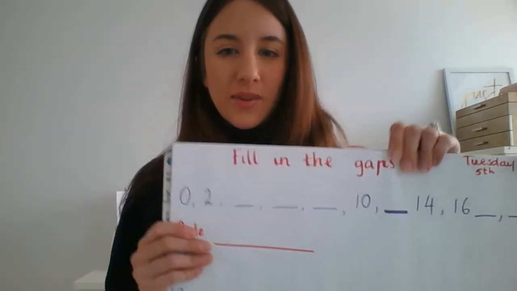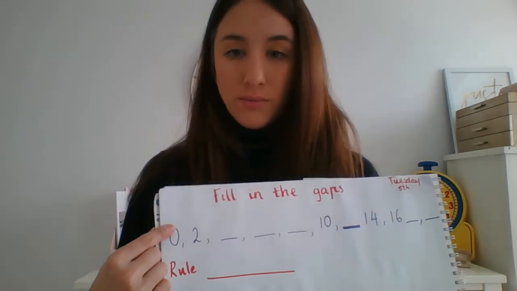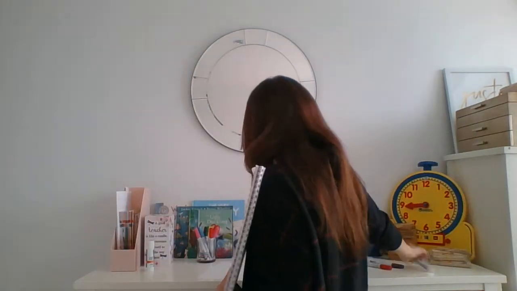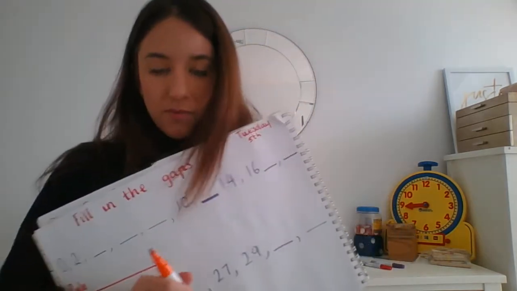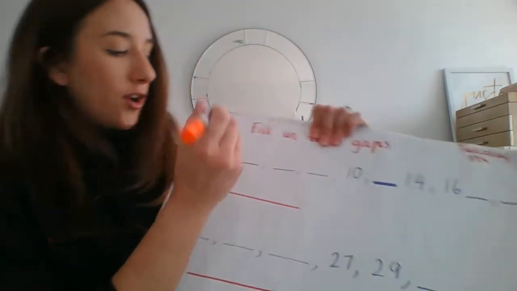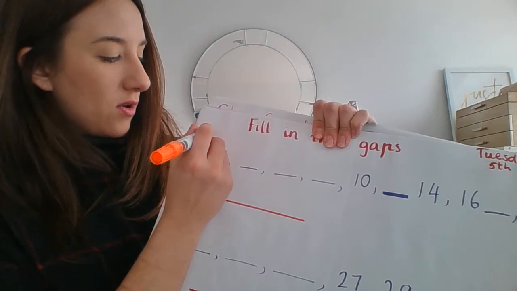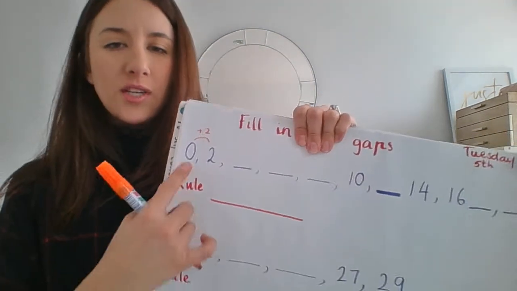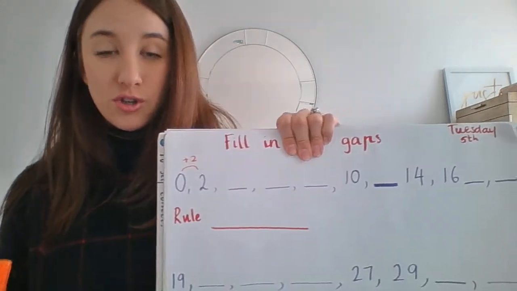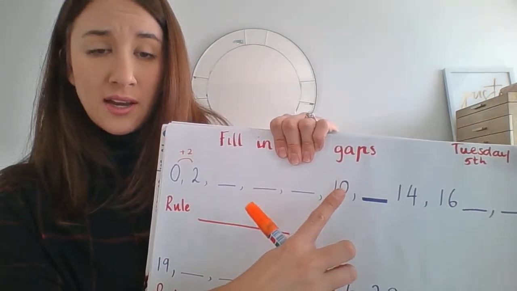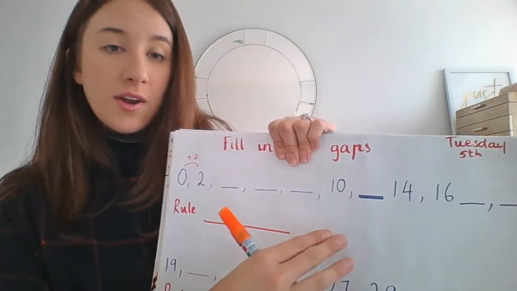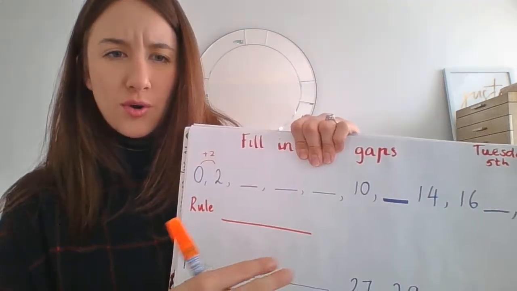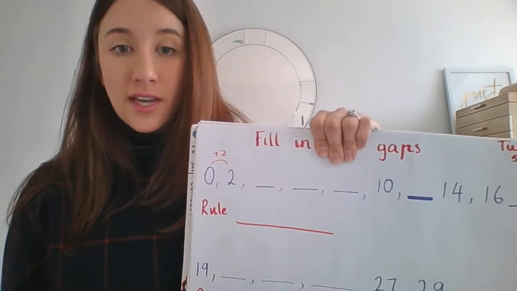That'll help us. Now, 0, 1, 2. Okay, so we know that over here we've added 2. Now, I'm not just going to start skip counting by 2s straight away. I want to make sure that what I've got here also tells me that it's definitely counting by 2s.